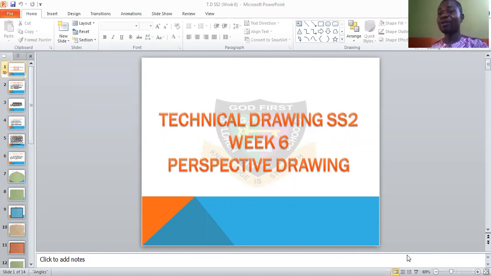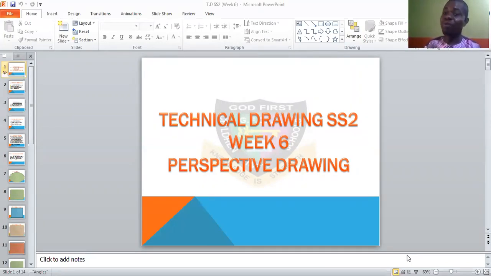We have discussed orthographic, the angles of projection in orthography, especially in the conversion of orthographic view to isometric view that we did in week 4 and week 5, making use of these set squares.